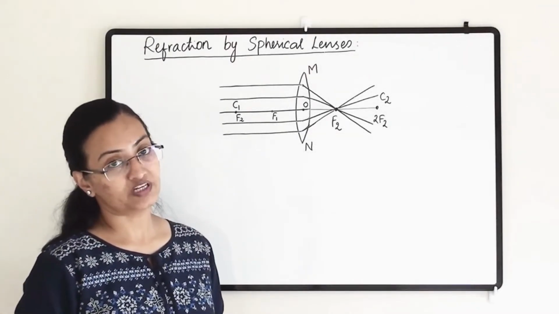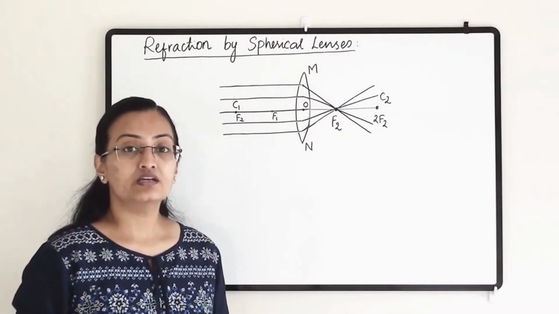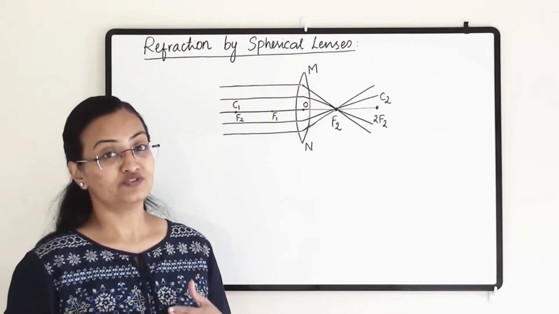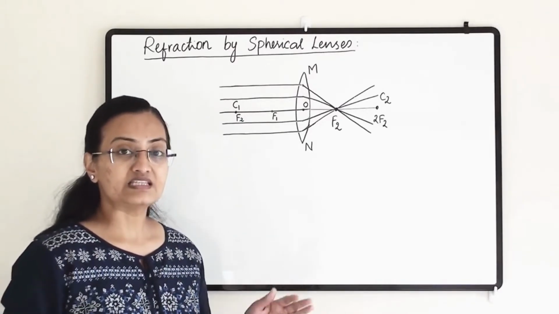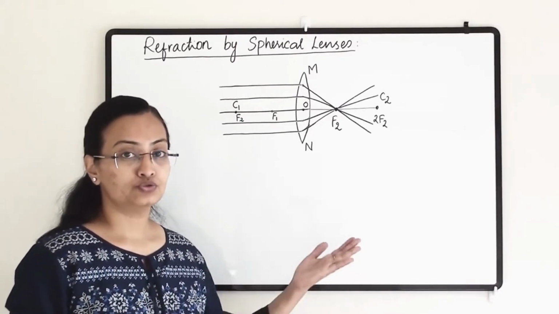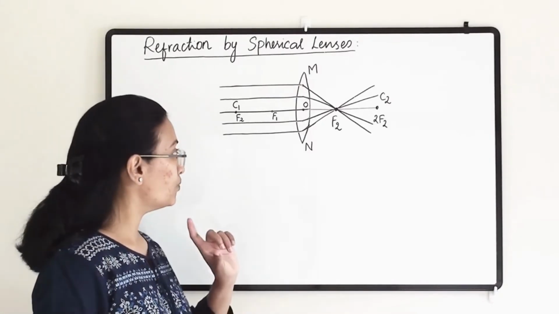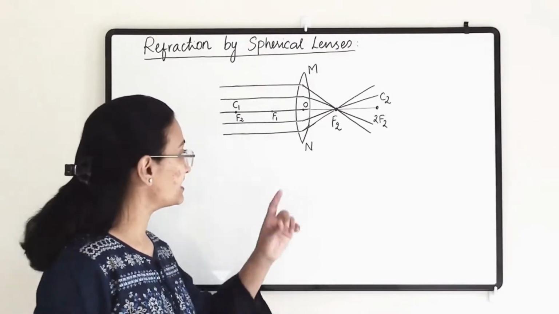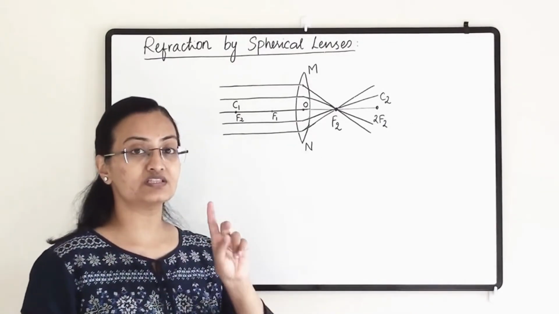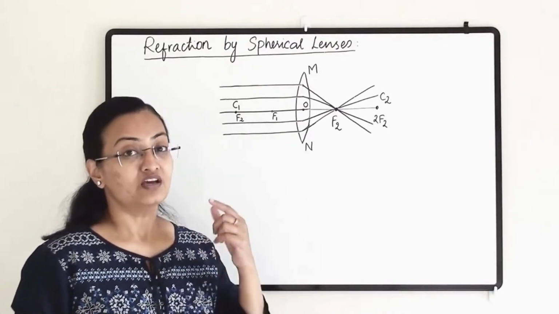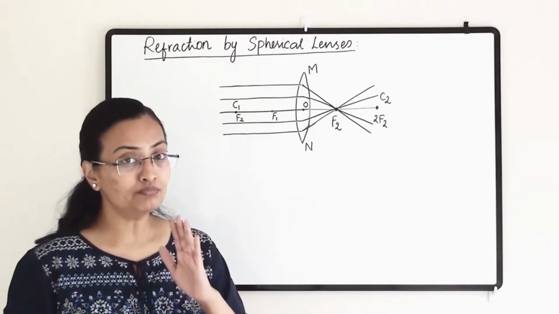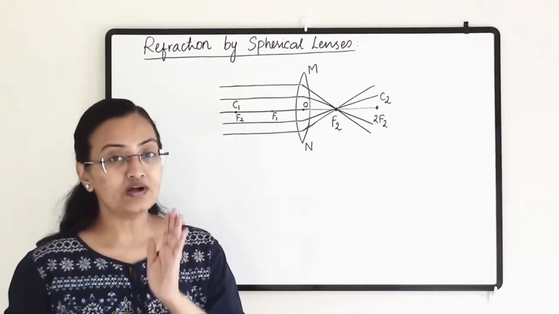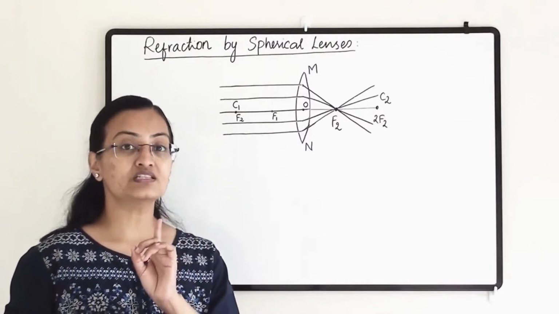Refraction by spherical lenses. Earlier we studied reflection by spherical mirrors, and these cases are almost similar to the mirrors. The only thing that makes these cases different from mirrors is that here there are two surfaces giving us refraction, whereas in mirrors there was only one surface giving us reflection.